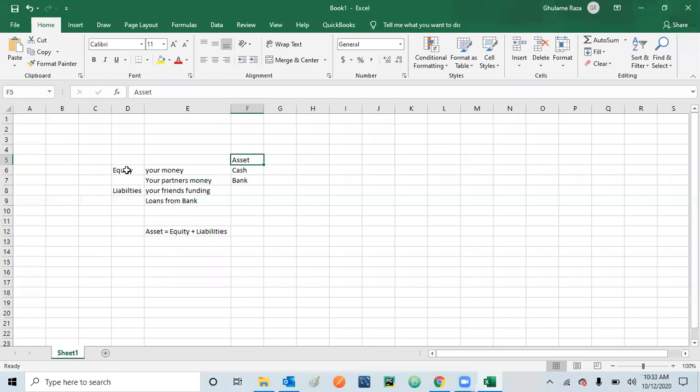It is your capital in the business. All of these words are used for your money in your business. But if you have taken a loan from a person or a bank or any other institute, that is your liabilities, because you need to pay them back.